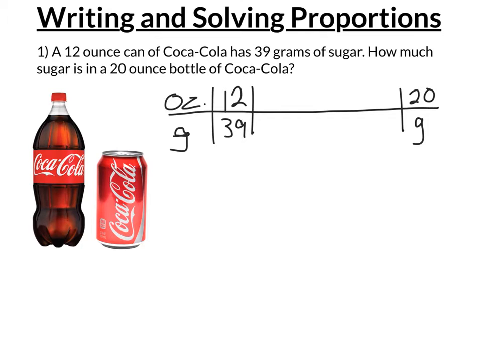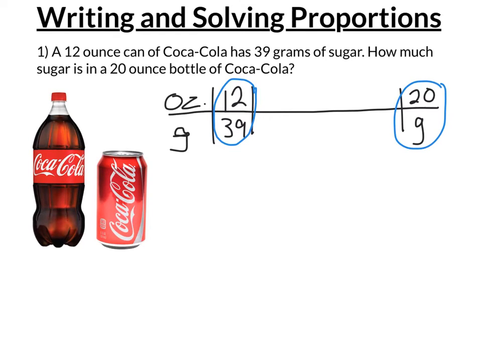Now this is one way we could solve this problem. We could divide or multiply 12 and 39 by the same number to try to get 12 up to 20, and then we'd figure out what 39 is. Another way we could do that is we could just rewrite this as a proportion. We have one ratio right here, and we have another ratio over here.